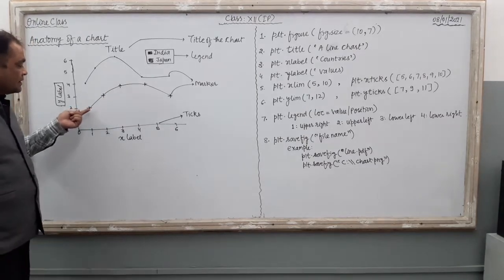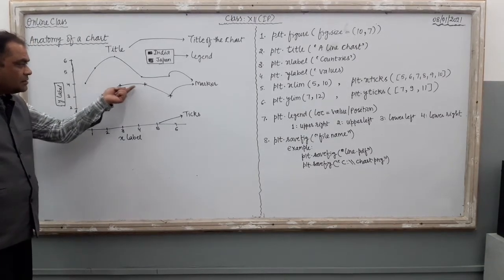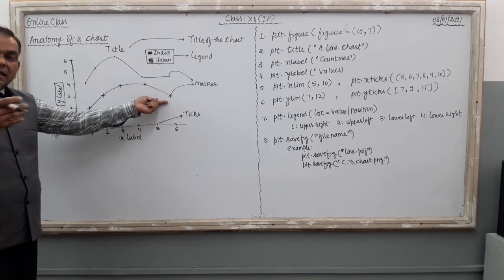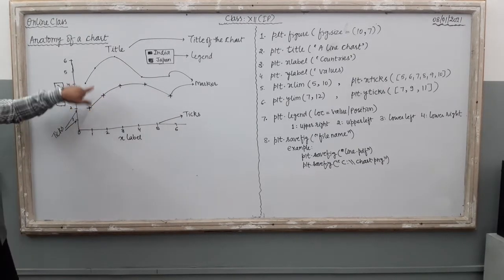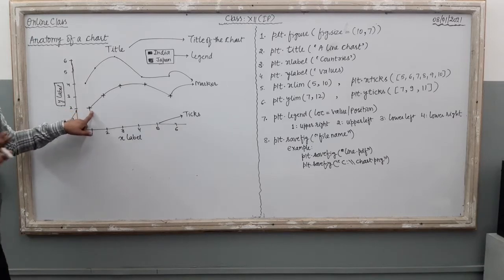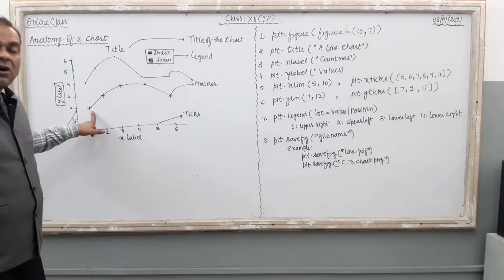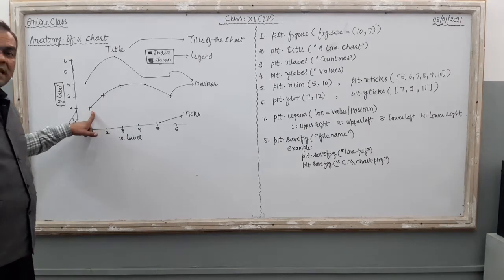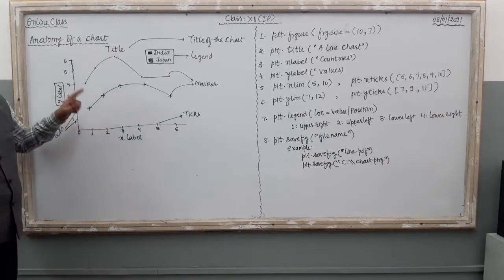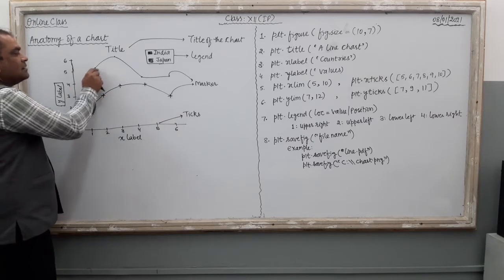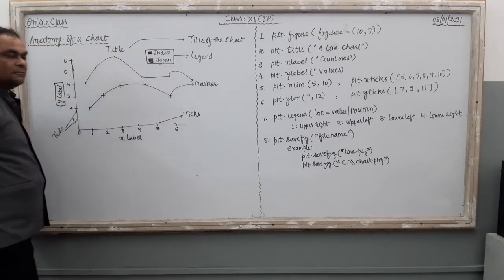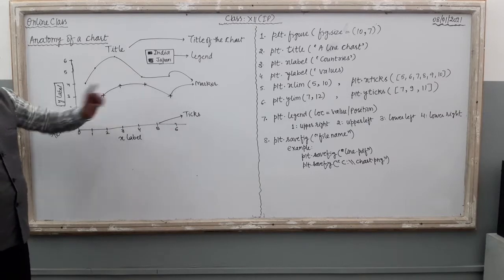Then these are the markers, which we discussed already in the previous line chart video lecture. You can attach lots of markers, either plus, diamond, or circle; different markers are available in Python. So this is the plus marker, and this is the circle marker. Two different types of markers are here.